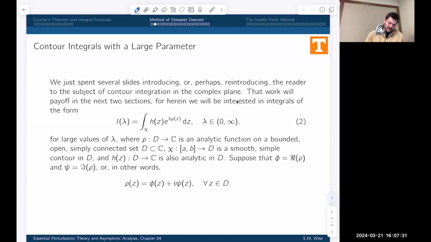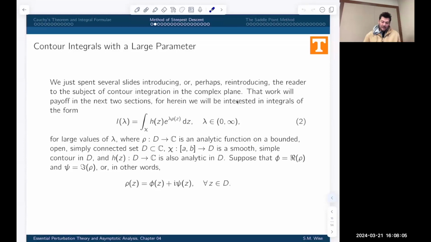So with this method of steepest descent, we're interested in approximating the value of an integral that looks like this as lambda goes to infinity. The structure of these integrals is usually the same: integrands with some exponential component.